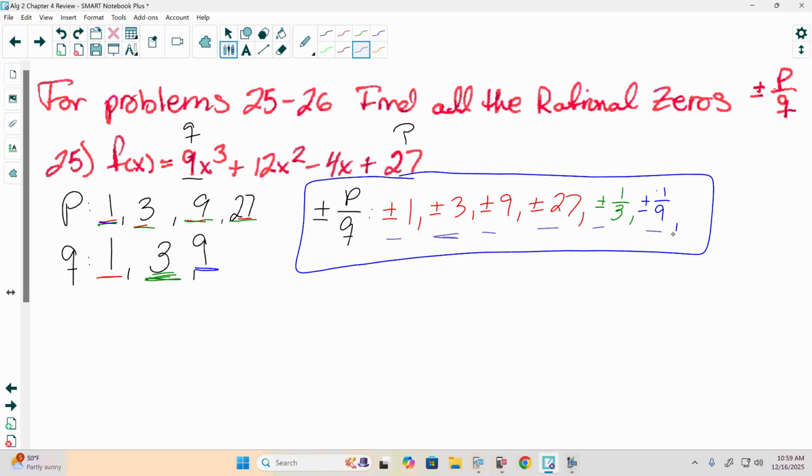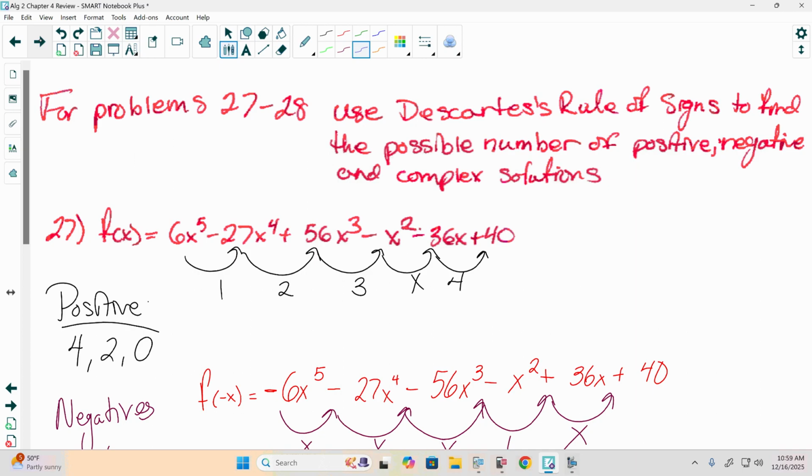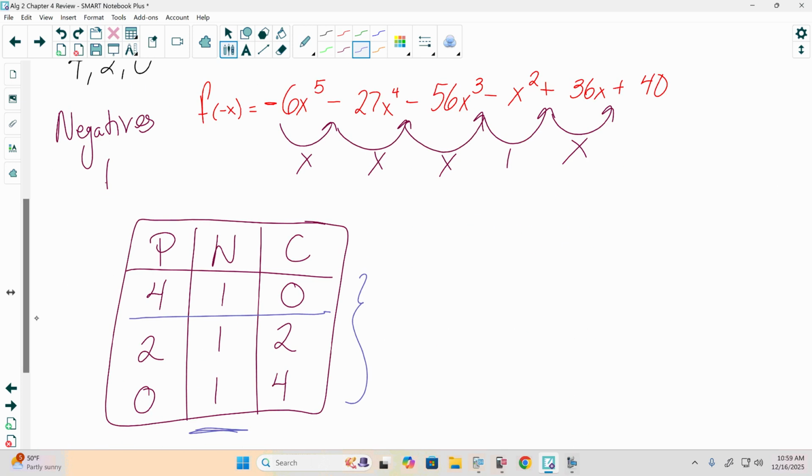So we start using the rational zeros and these here as ways to help us get to the answer. Does that make sense? This does not tell us the solutions. It tells us what type of solutions we should be looking for.